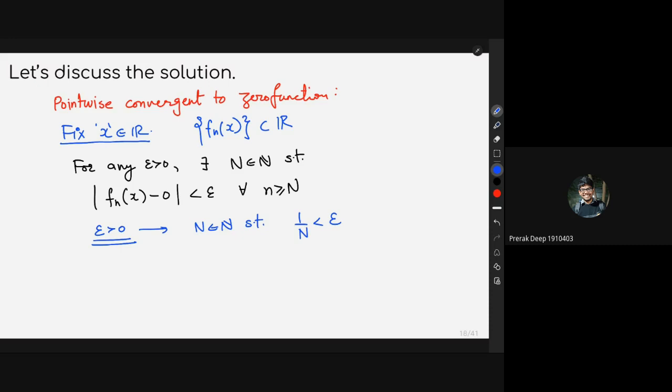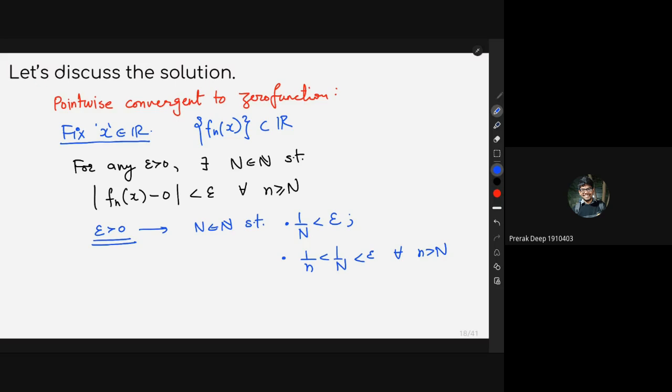I can always find such an N. And the second thing is that for any n larger than this N, 1 over small n will also be smaller than 1 over capital N. So these are the two things we need to satisfy.